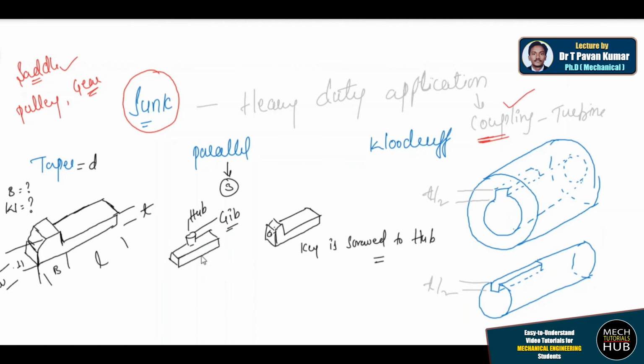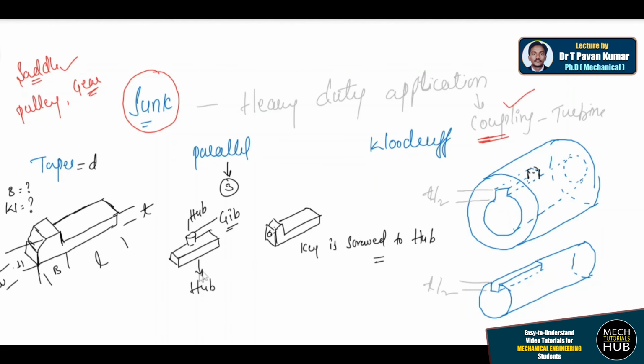So the only difference between these two is that the gib key or gib headed key is placed before placing the shaft. This is placed first in the hub, and the gib is going to take the portion, meaning the same cylindrical feature is provided and drilled in the hub portion somewhere here.